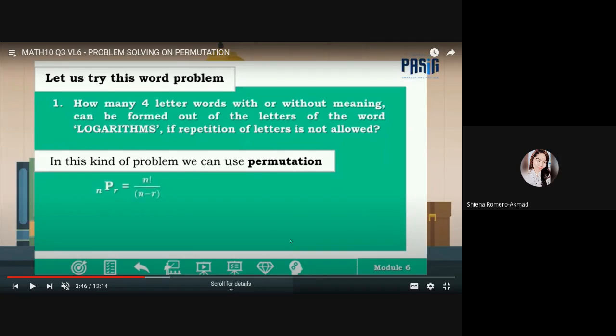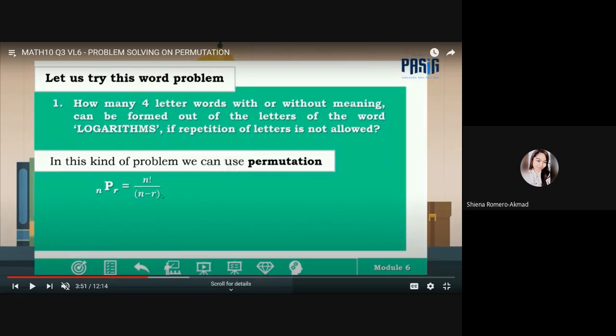Ibig sabihin, if there are 1, 2, 3, 4, 5, 6, 7, 8, 9, 10 letters, apat lang dyan yung kukunin natin. We will choose 4 letters only. So we will use the formula for permutation of n taken r at a time, which is n factorial divided by n minus r factorial.